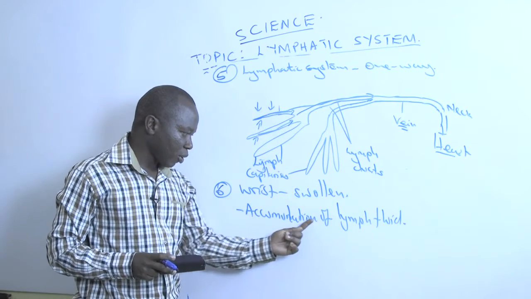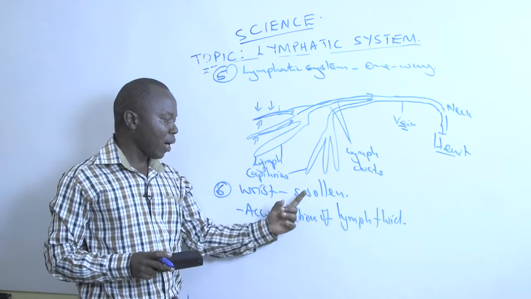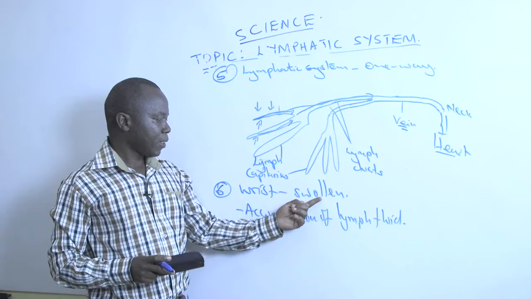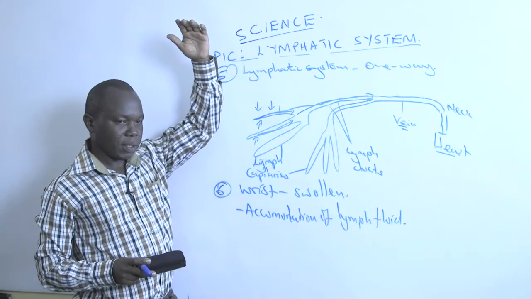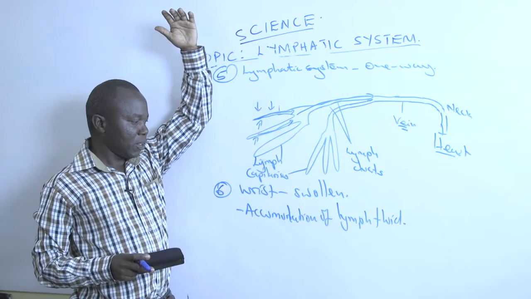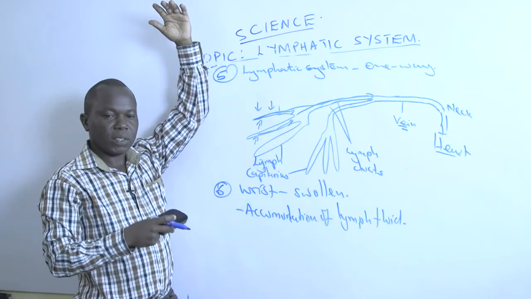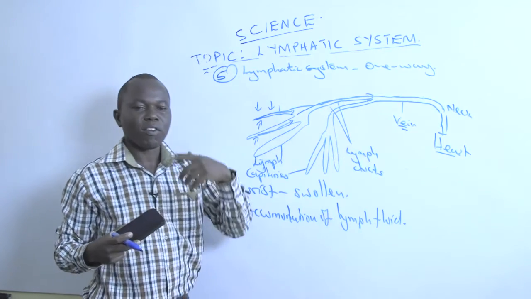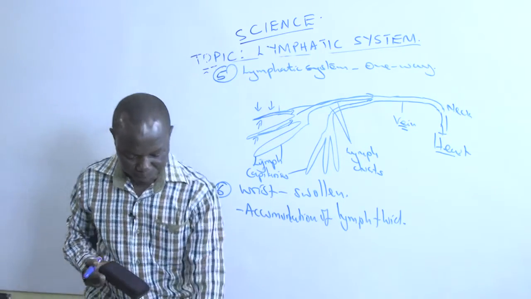So it will cause accumulation of the lymph fluid. But now, how can you treat this swollen wrist? What you can easily do is raise your arm above your heart or your head, so that gravity will pull the lymph fluid to the heart, and then the heart will take over the role of pumping the lymph fluid to the rest of the body.